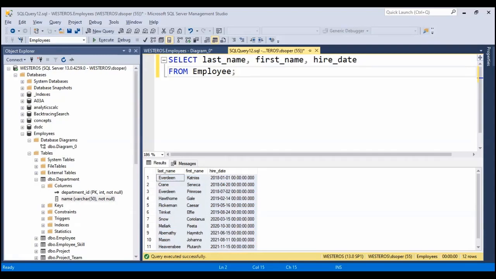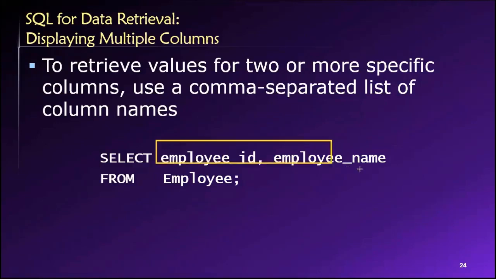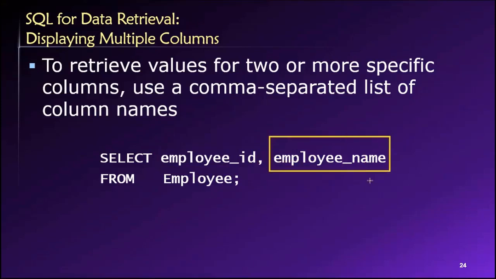All right, now as we saw in our live examples from just a moment ago, if we want to retrieve values from more than one column, we do so by providing a comma-separated list of column names. And we saw that the order matters, because whatever order we provide here, in this case employee ID and then employee name, will be reflected in the results.